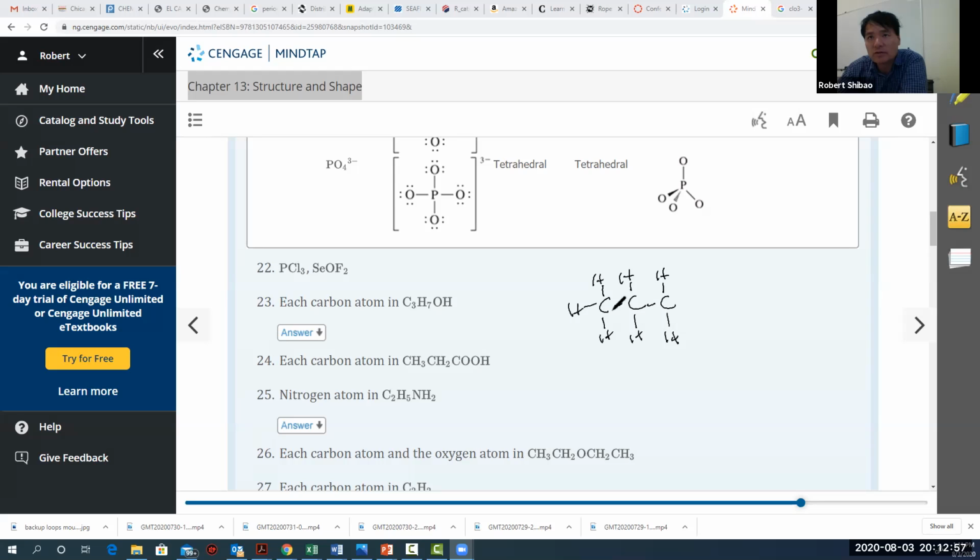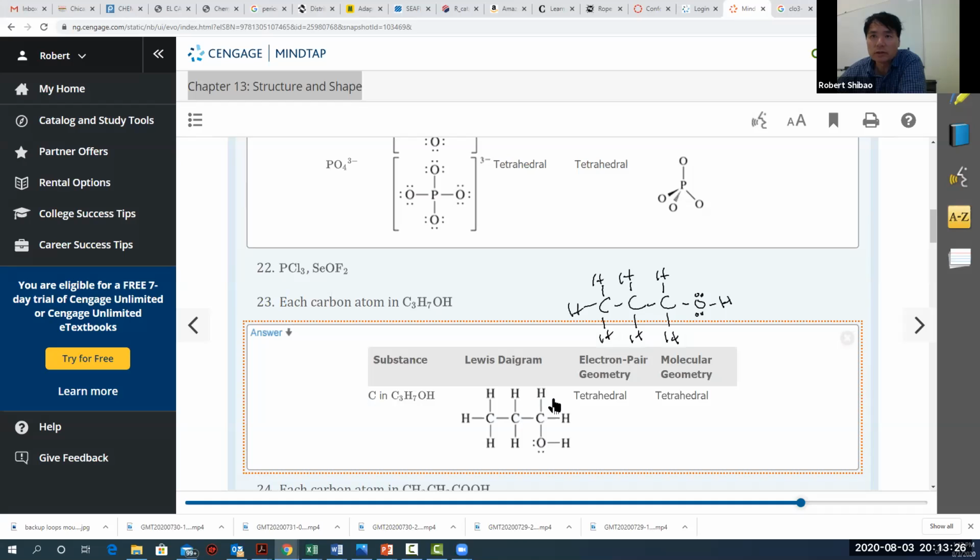And so this carbon has 4 single bonds. This carbon has 4 singles. This carbon has 3 singles, but we'll throw an OH on there like this. An OH. And so this is called propanol here. And so I didn't total up the electrons, etc. I just tried to do it based on familiarity with these types of structures. The more of these you see, the easier it gets.